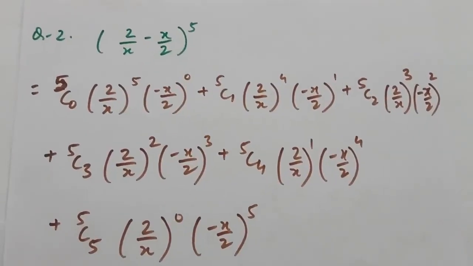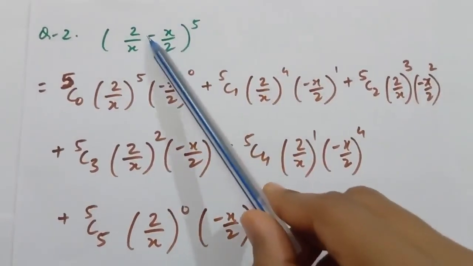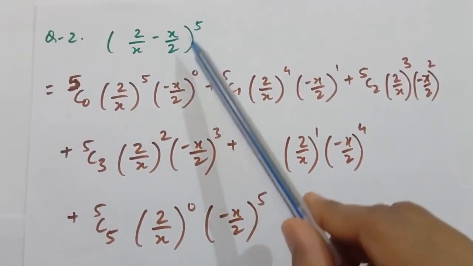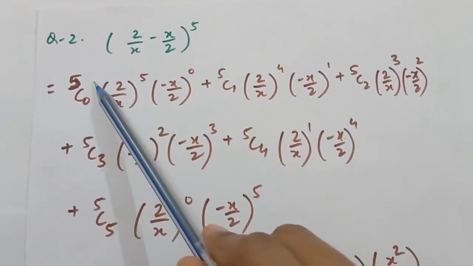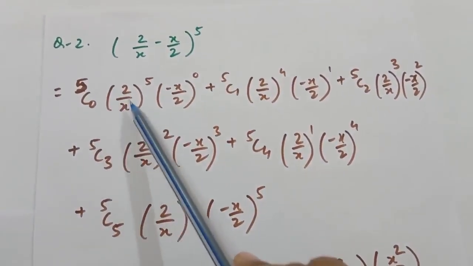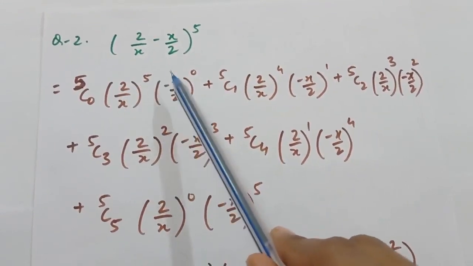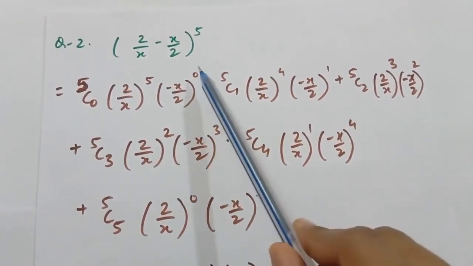Question second is expand 2 upon x minus x upon 2 whole raised to the power 5. 5c0 2 by x whole raised to the power 5 minus x by 2 whole raised to the power 0.